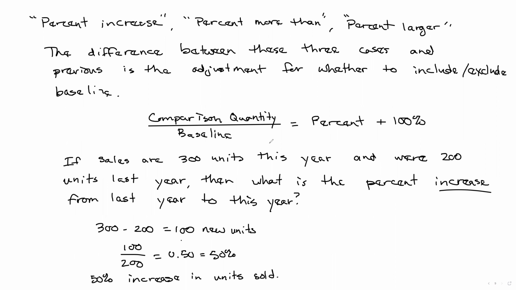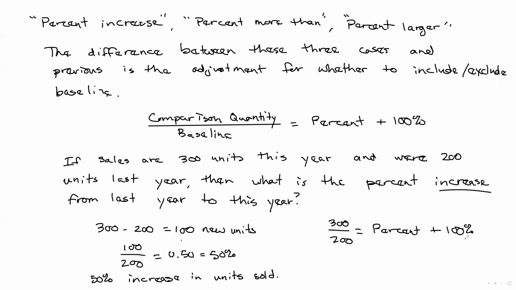Instead, I'm going to use this formula up here because it makes things a lot simpler. So our comparison quantity is 300. Our baseline is 200. We want to know what percent increase that is plus 100%.